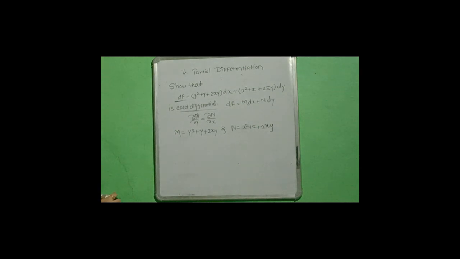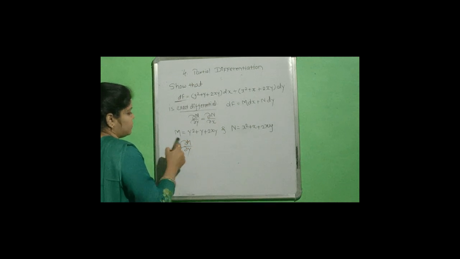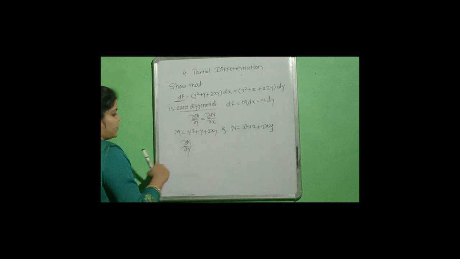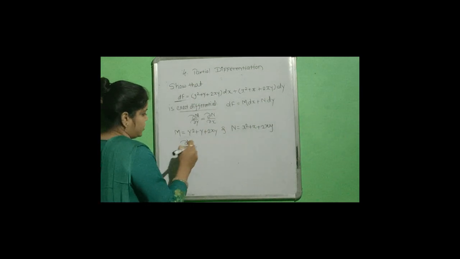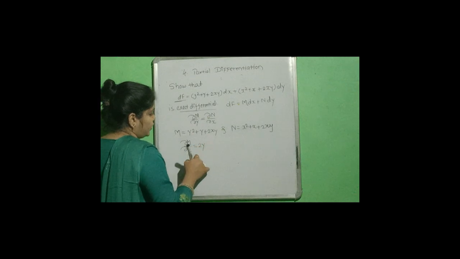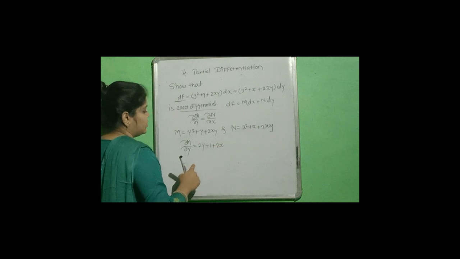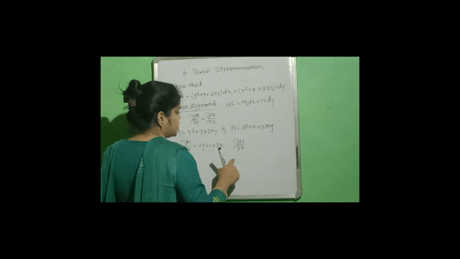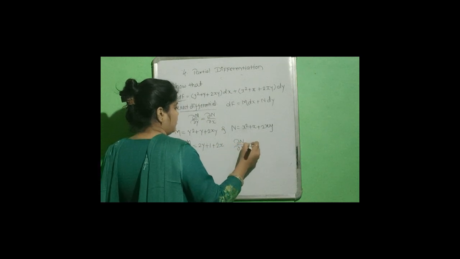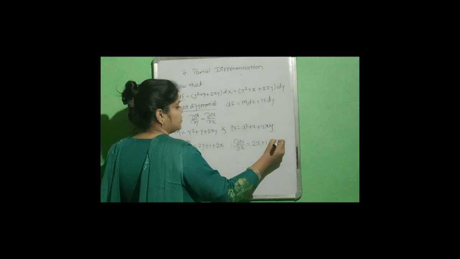Now let us see whether this condition is satisfied or not. So we have to differentiate ∂M/∂y, meaning we differentiate M with respect to y partially, keeping x constant. That differentiation will be 2y plus 1 plus 2x, and if I differentiate N with respect to x partially, keeping y constant, I will get 2x plus 1 plus 2y.